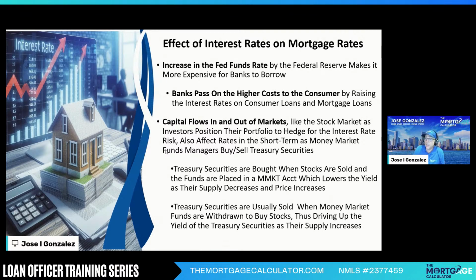The money market manager selling those treasury securities is increasing the supply, and there's a good probability they're going to have to increase the rate on those instruments at the Fed in order to have people buy them, because they're selling, and whenever you're selling, that drives the market down.